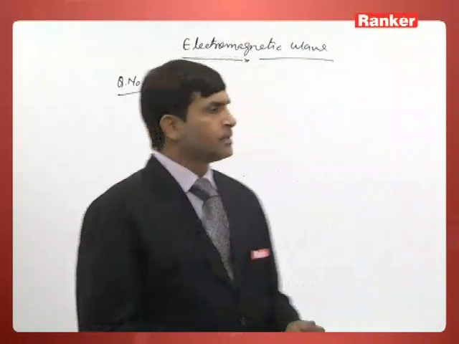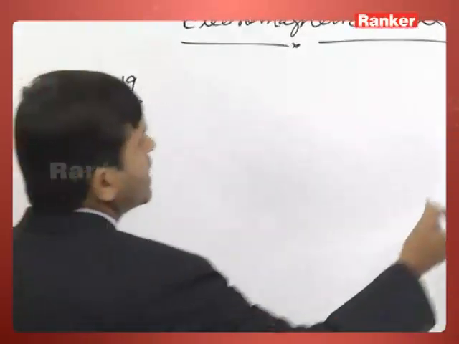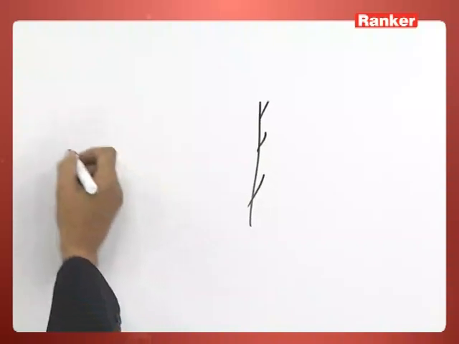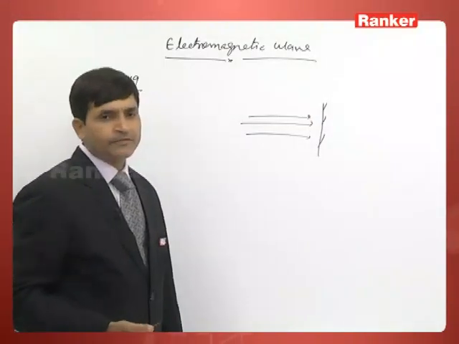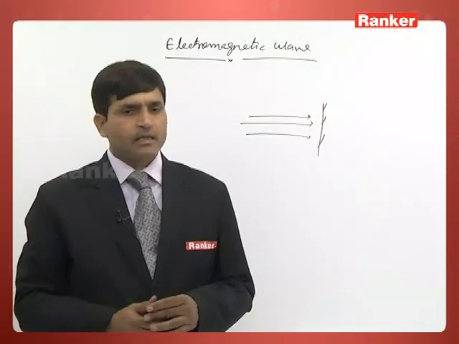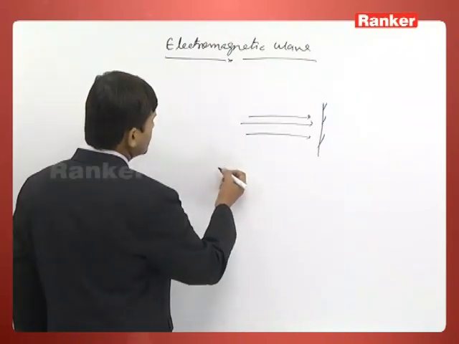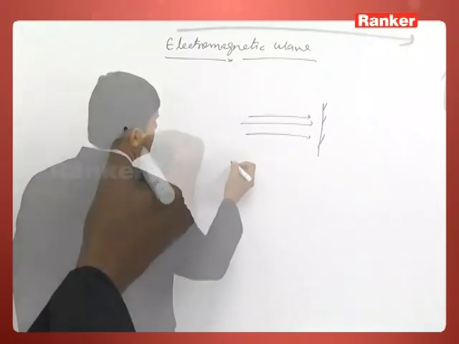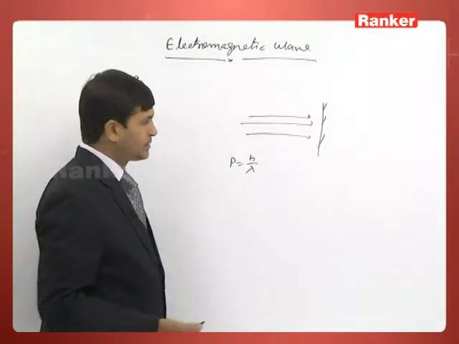Now see the method how to solve. So this is the mirror and radiations are falling like this. So for momentum transfer, as we know, momentum of a photon is h by lambda.